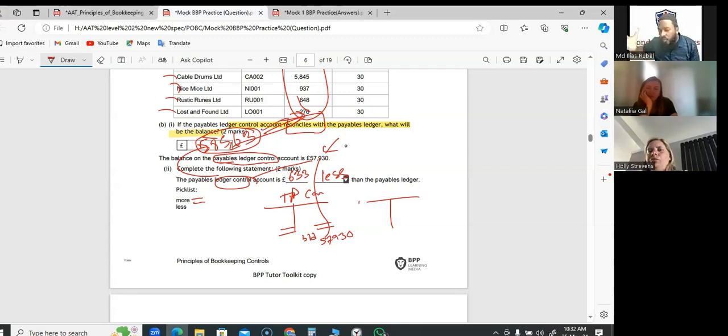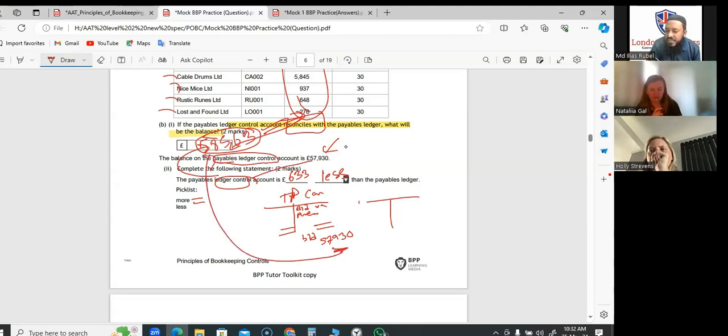Why is your control account less? You need to think what items go in these figures in the boxes. Isn't it balance b/d, credit? The answer is yes. Isn't it credit purchases? The answer is yes. So why is this balance lower compared to this?